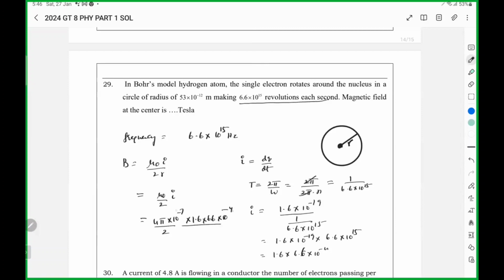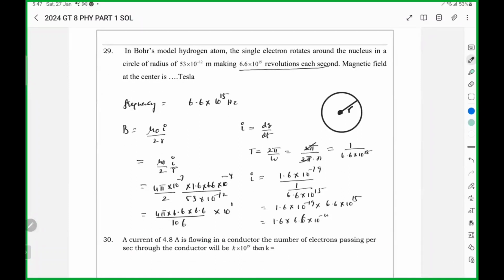By radius is there. Radius is 53 into 10 power minus 12. So 4 pi into 1.6 into 6.6 by 106, 10 power minus 11 plus 12, 1.